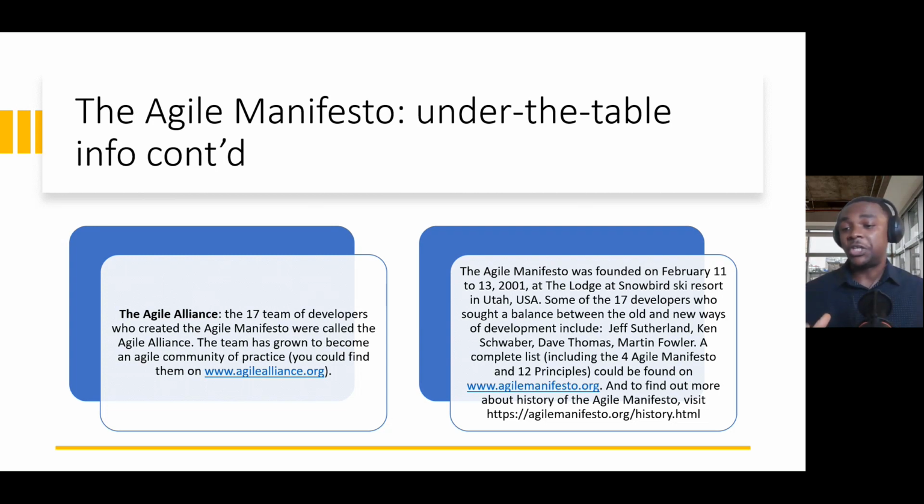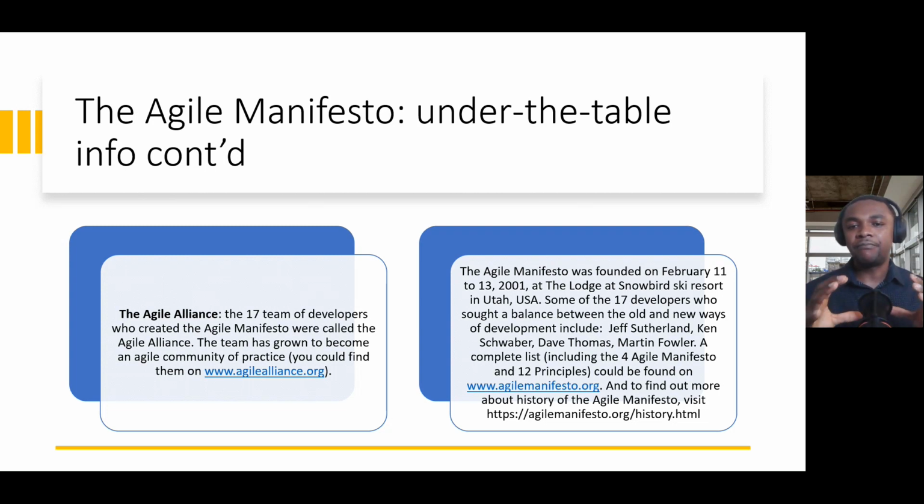This 17 group of engineers, you can find more information on them when you go to www.agilemanifesto.org. This is the official website where you can get their list of names, and then you can do your research about what they have done so far. But some of the key figures among the 17 group of developers are people like Jeff Sutherland, Ken Schwaber, Dave Thomas, and Martin Fowler.